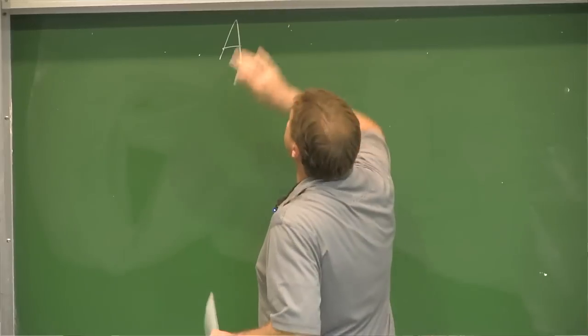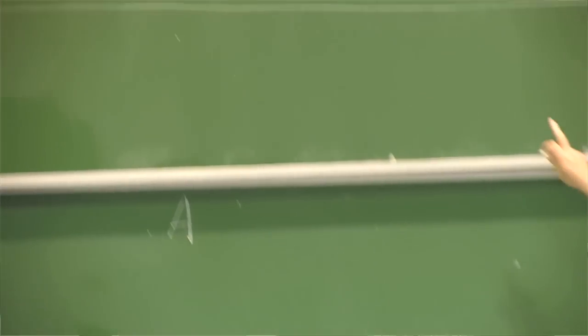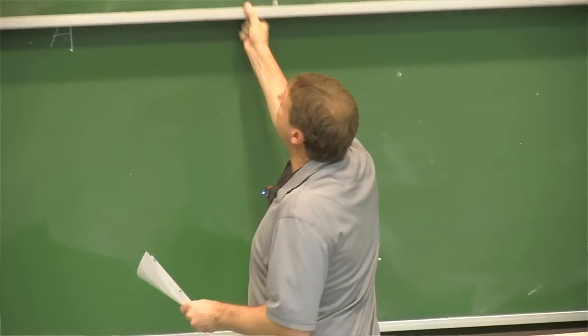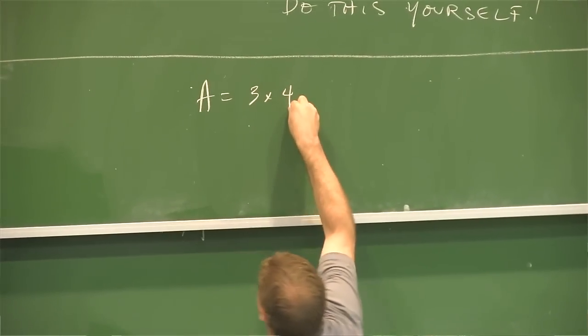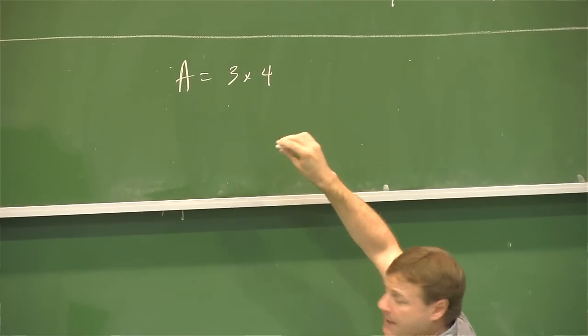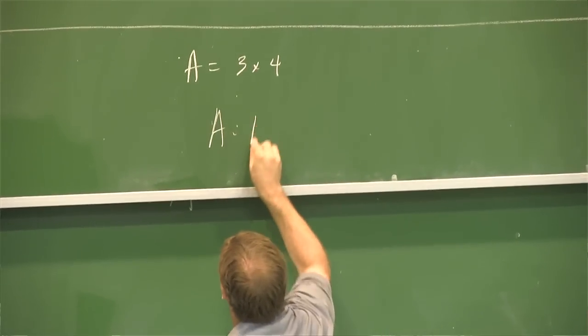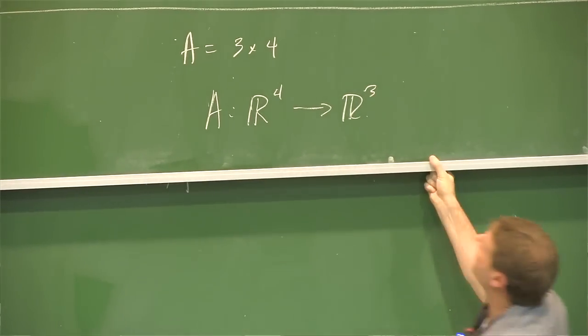So the special case, if you look up here, that's a 3 by 4 matrix. So when A is a 3 by 4, then you can say what the mapping is. A must be from R4 to R3. So how did I figure that out?